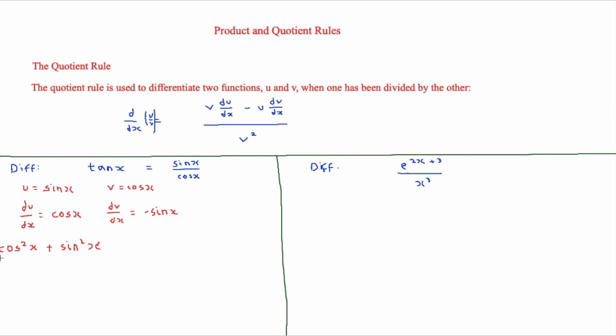Now hopefully we're seeing something already emerging here, and that is going to be 1, but we won't put that in just yet, as we've got v squared to do. V squared is cos squared x. So therefore, we're going to get 1 over cos squared x.